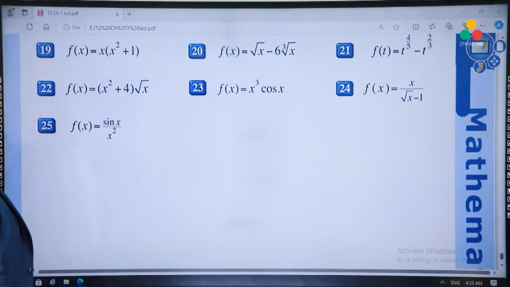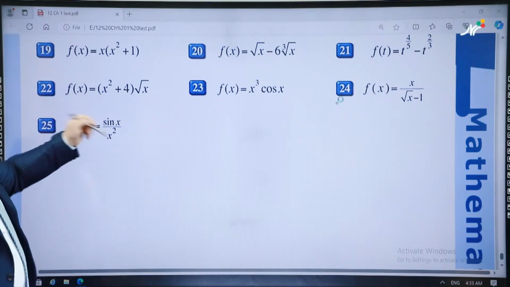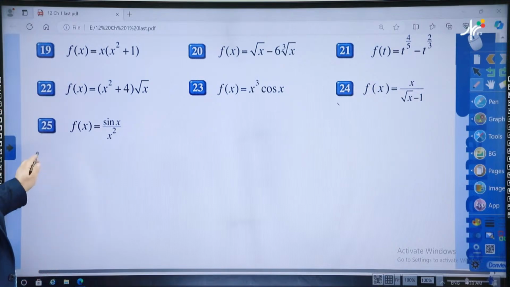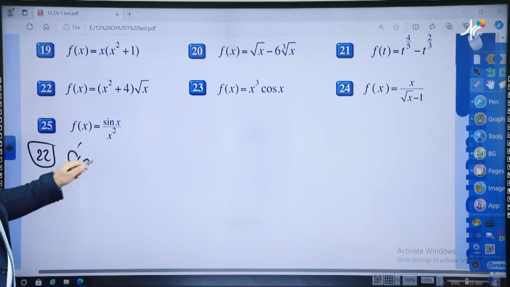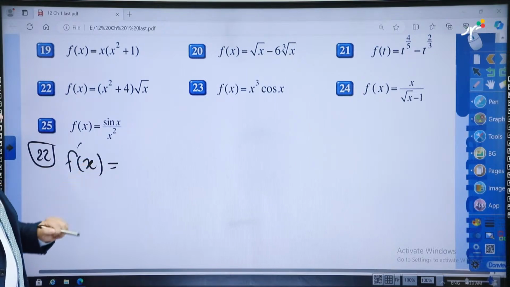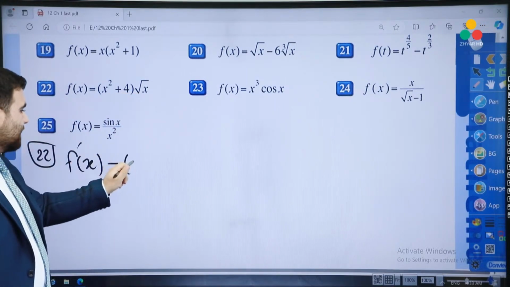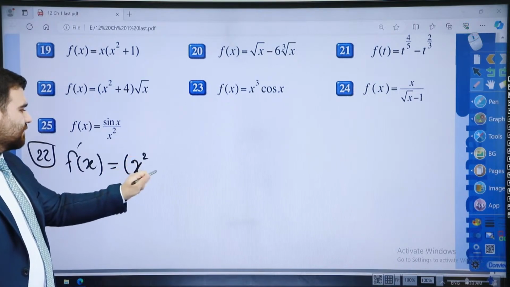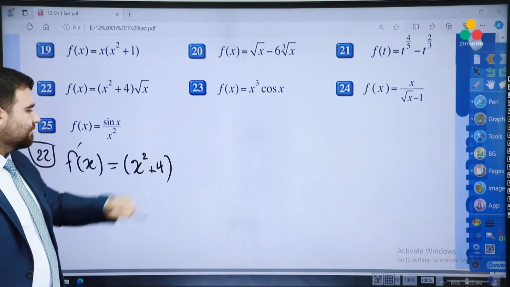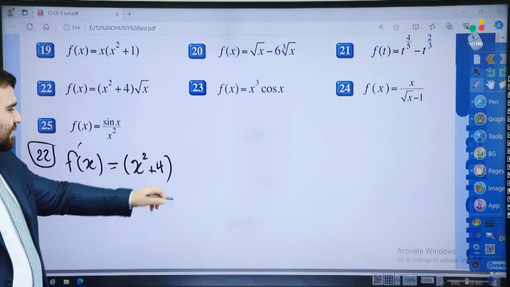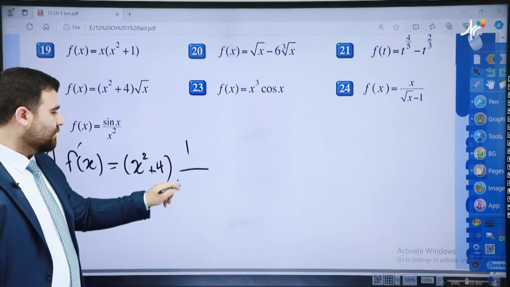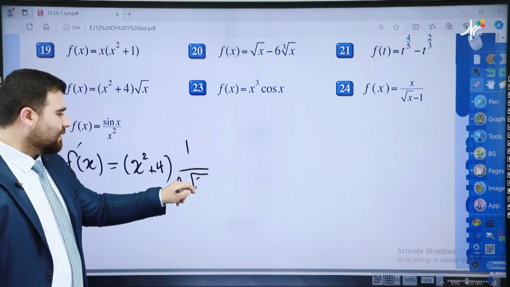First times derivative of second plus second times derivative of first. Question 22, I directly do the derivative. First times derivative of second: first is x power 2 plus 4, derivative of square root x is 1 over 2 square root x.